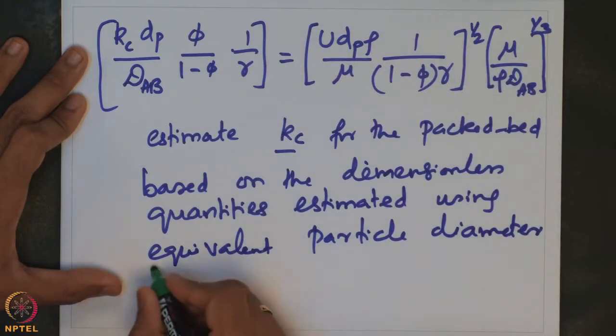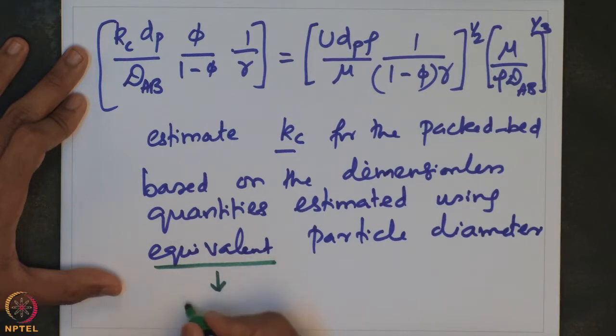So, the equivalent particle diameter essentially helps in using this correlation for different geometries.